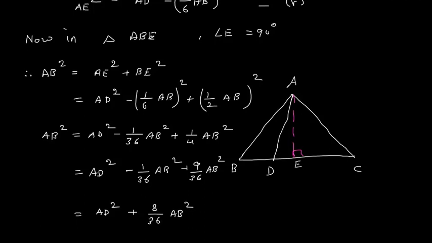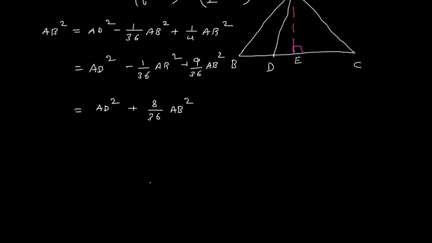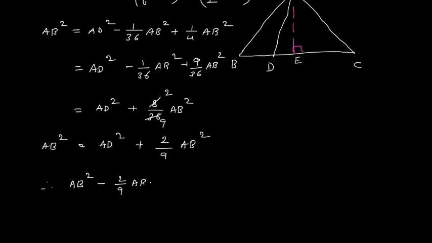With 4 I can cancel. So this is AD square plus 2 upon 9 AB square, and here it is AB square. So I will move this 2 upon 9 AB square to the left. Therefore AB square minus 2 upon 9 AB square is equal to AD square.